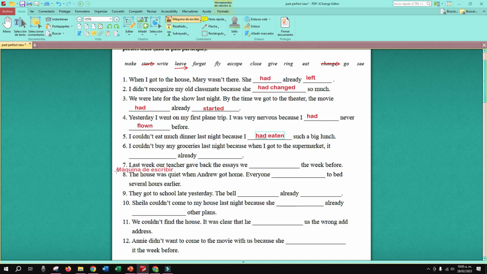I couldn't buy any groceries last night because when I got to the supermarket, it had already closed, right? That could be the answer. Closed. Excellent. Last week, our teacher gave back the essays.